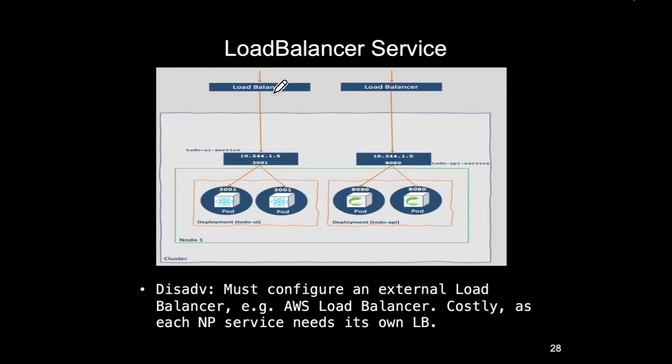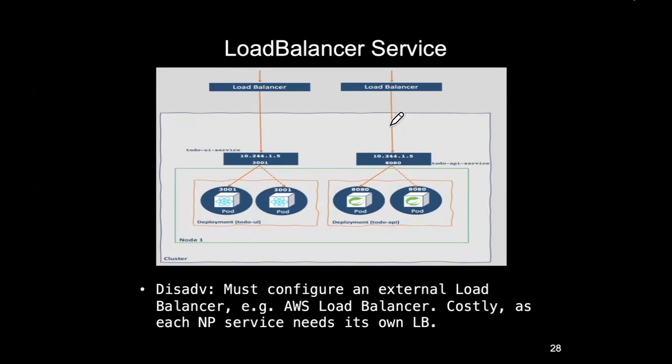We would have to log into our AWS account, create an EC2 load balancer instance up there, and link that to our service. Similarly, for this one, we would have to create a second EC2 load balancer, if it's AWS you're using, and link that load balancer to this.